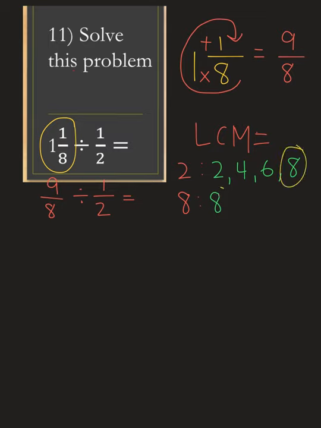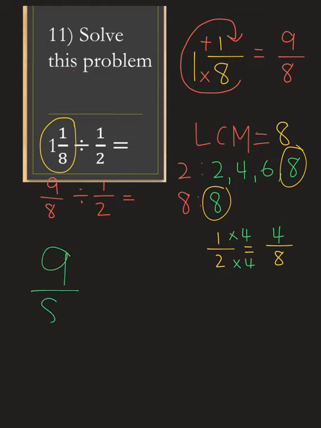So that tells us our LCM is 8, and 9/8 can stay as it is, but we do need to change 1 over 2 into something over 8. To get from 2 to 8, you multiply by 4. Whatever you do on the bottom, you should do on the top as well. So 1 times 4 is 4. So my new division problem with common denominators is 9/8 divided by 4/8.